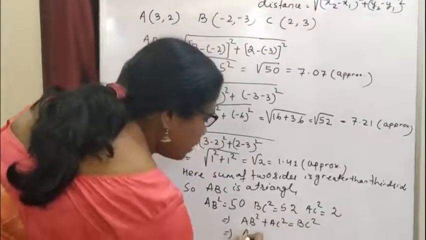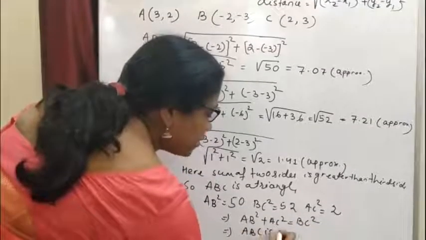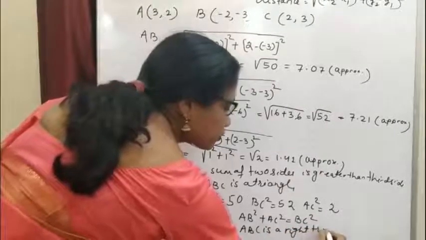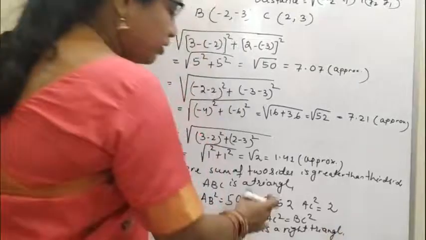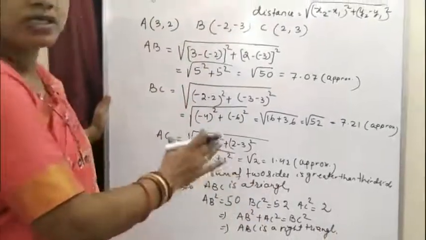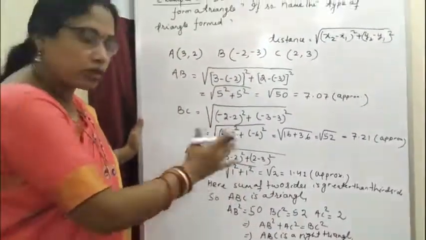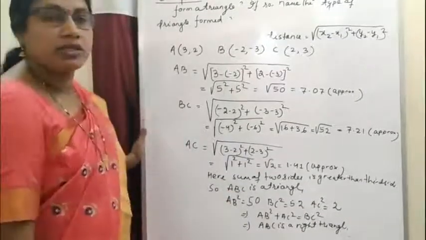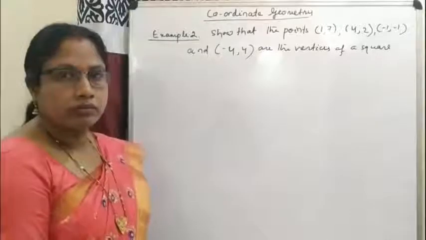So this implies ABC is a right angle triangle. We know if the square of one side is equal to the sum of the squares of the other 2 sides, that is a right triangle. So here ABC is a right triangle.